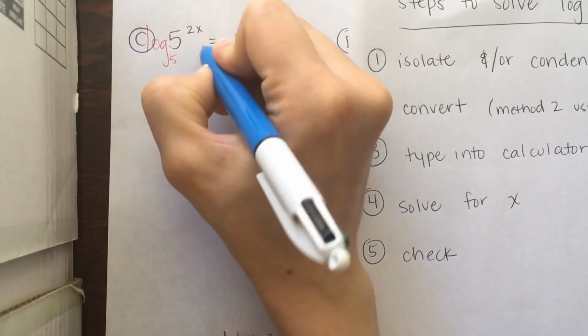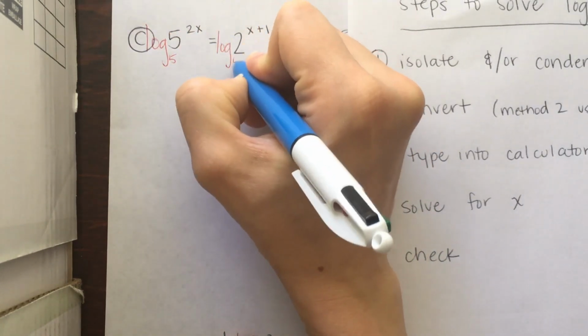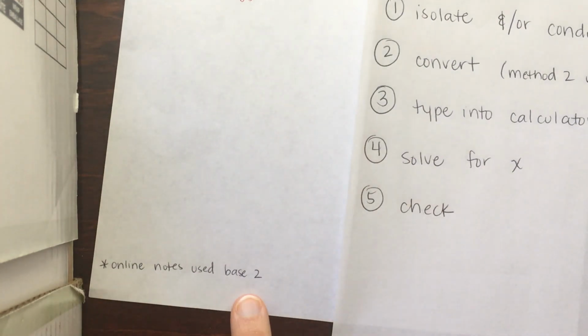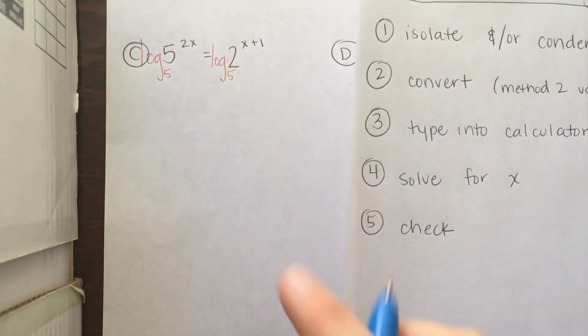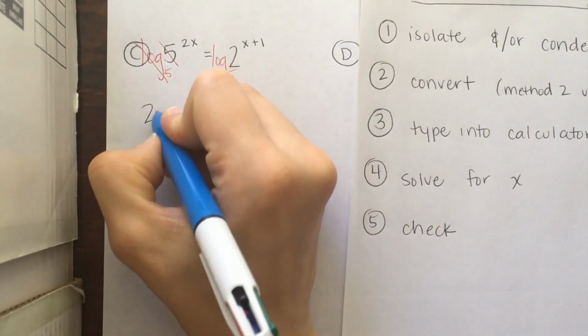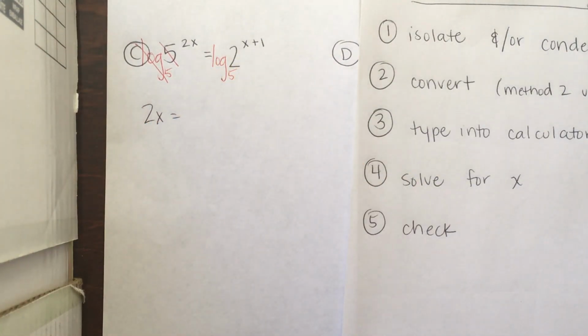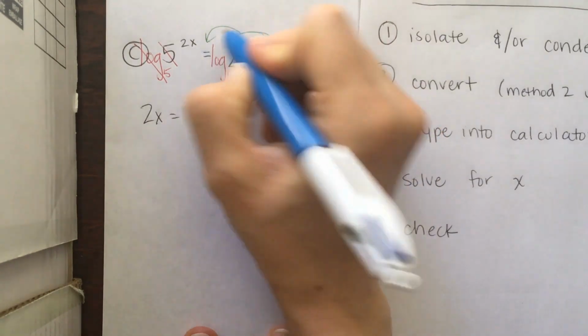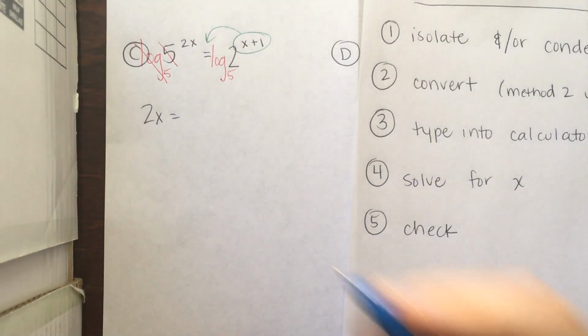So I'm going to put log base 5s in front of both sides. You could also put base 2s in front of both sides, log base 2s. That will cancel everything over here on the right. And on the left, I need to move my exponent out front.